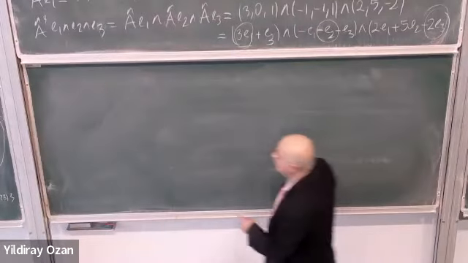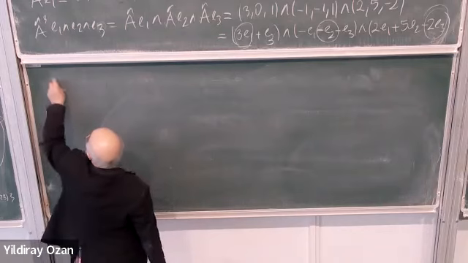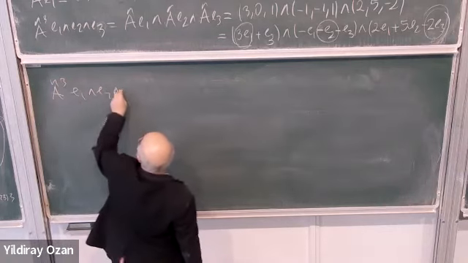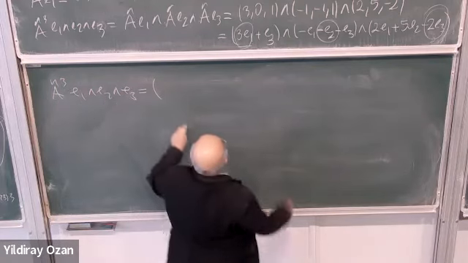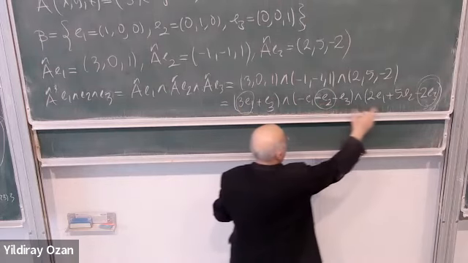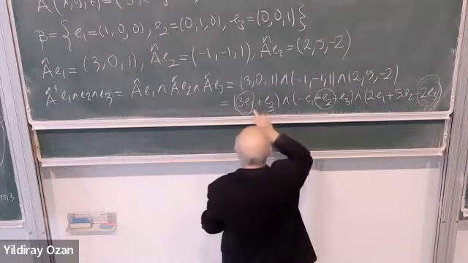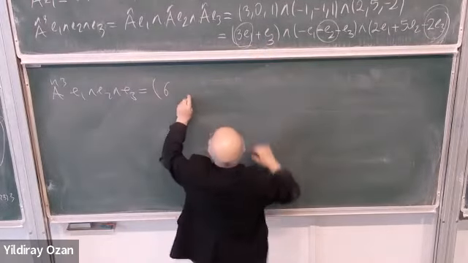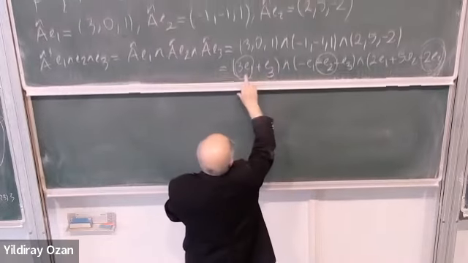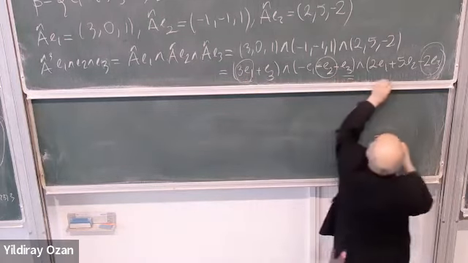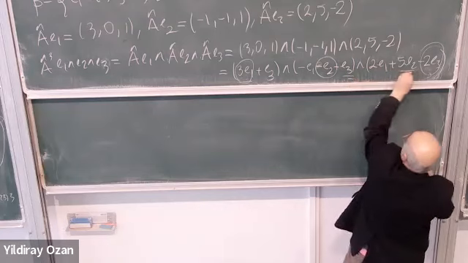So let me just write this one more time. The first one is just 3 times minus 1 times minus 2, so 6 times e1 e2 e3. And then I take again this one, but this time I take this guy, and then I need to take this one.